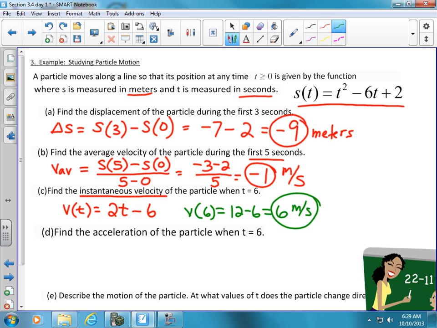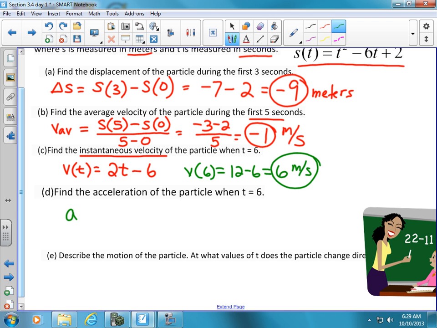All right, the acceleration is the derivative of the velocity. So I'm going to take the derivative of this function, which is just 2. So 2 meters per second squared is your acceleration.